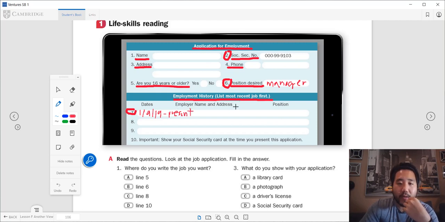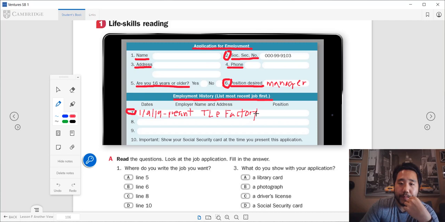I'm not going to write the address of where I work, but I'm just going to write the employer name, which is just the name of the company that you're working for. I'll just call it The Factory. That's the name of the place that I work at.